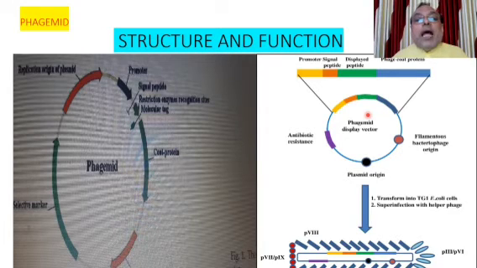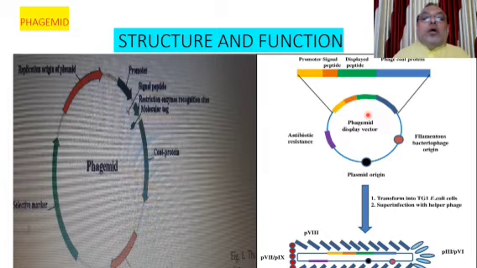And for that purpose, we introduce a helper phage. The helper phage has been manipulated in such a way that its origin will not function properly, and that's why it will not form its own copy. Rather, it will only synthesize the proteins which code for the coat proteins.